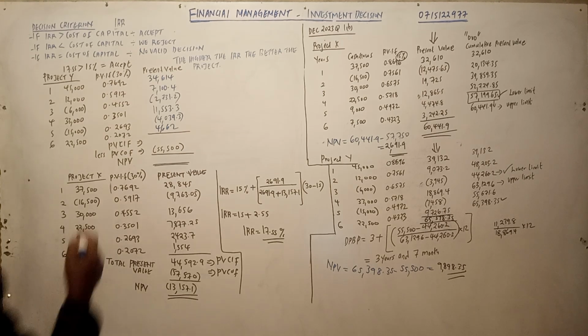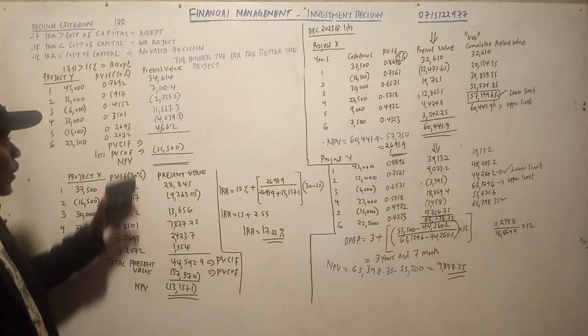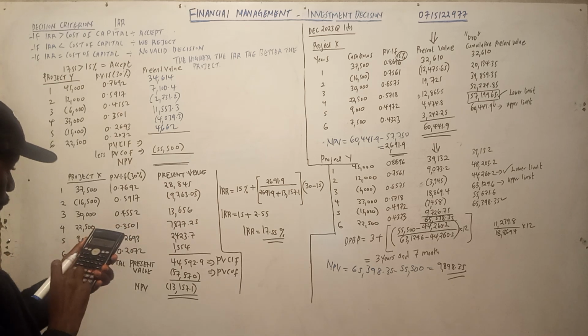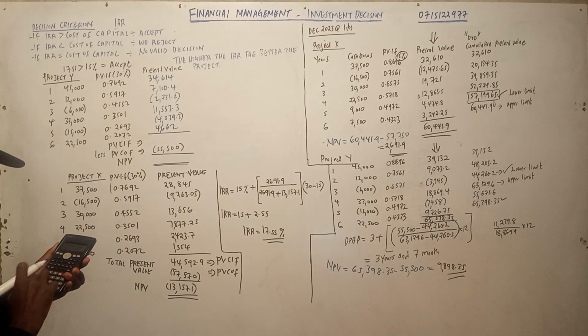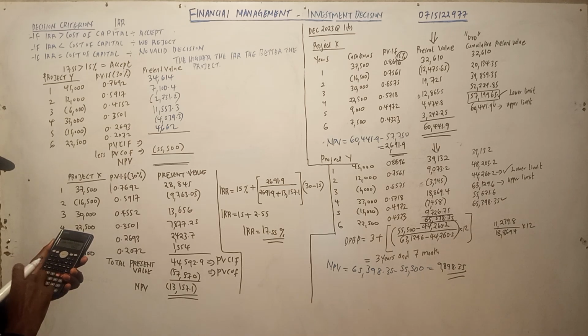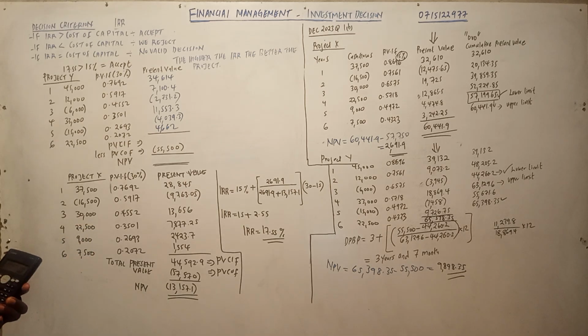So once you multiply each cash flow times its factor, remember this one is step number 2. In step number 2, we want to get a negative NPV: 614 plus 7100.4 minus 2731.2 plus 11553.3 minus 4039.3 plus 4662.